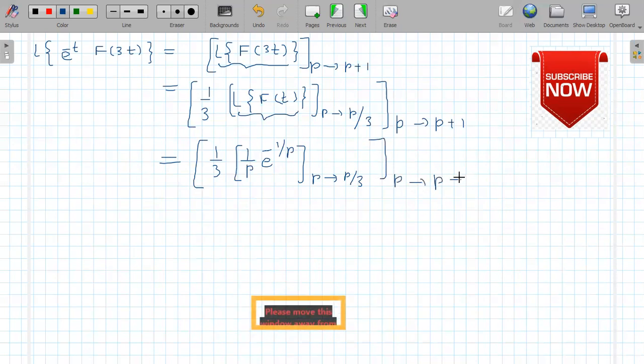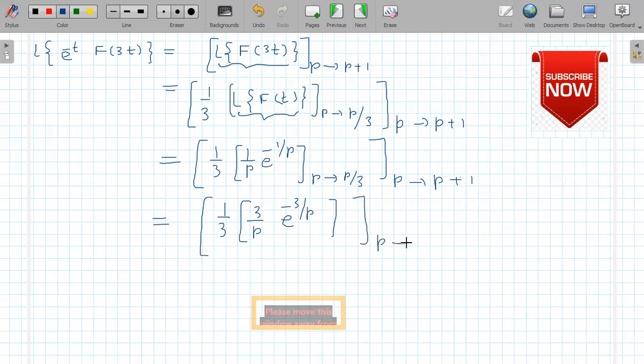This is equal to 1 upon 3, because p is replaced by p by 3, so this will be 3 upon p e raised power minus 3 upon p, and in the outer bracket p is replaced by p plus 1, so the 3 just cancels out with the 1 upon 3, giving 1 upon p plus 1 e raised power minus 3 upon p plus 1. That's all.